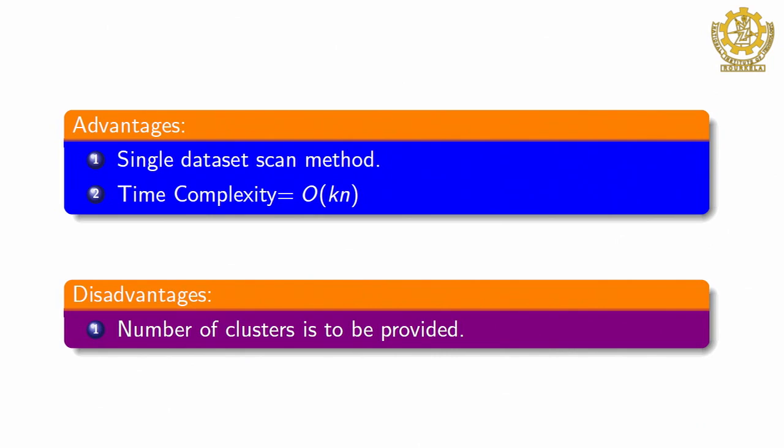What is the disadvantage? Beforehand you have to say how many clusters there are, and the results are not very good if you compare with today's state of the art clustering approaches. So, I stop here.